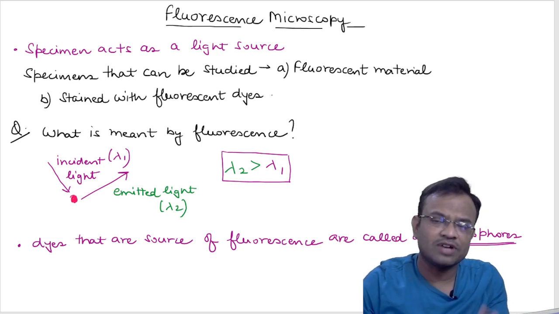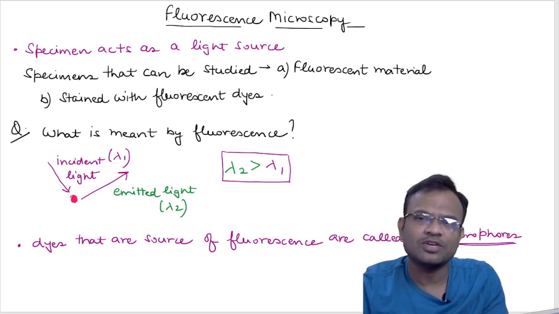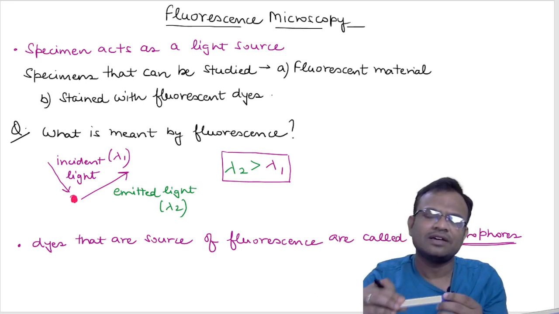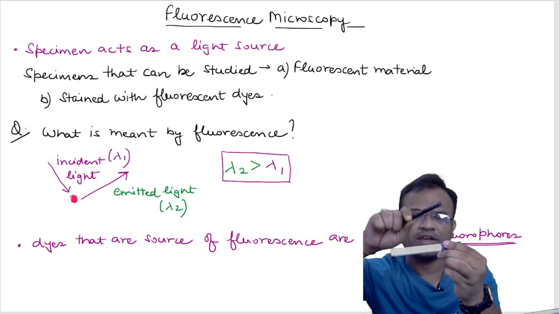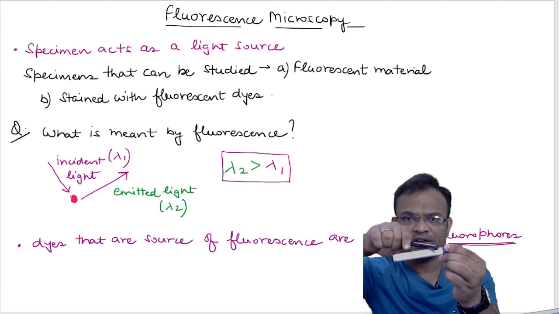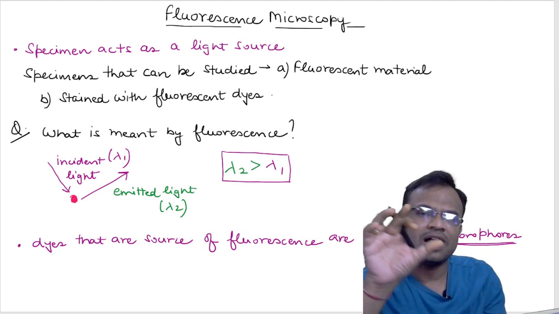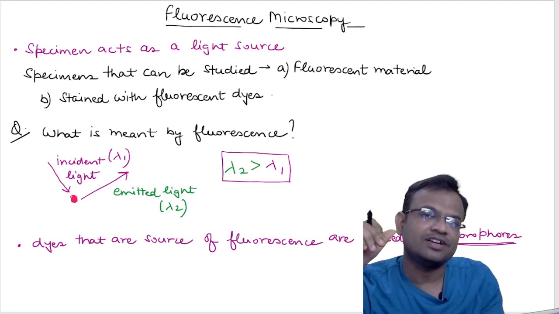Let me help you understand this in a much better way, with the help of a diagram. But before that, let me make you understand one more thing: the light that is striking over here and the fluorescence that would be emitted are different in energies, right?